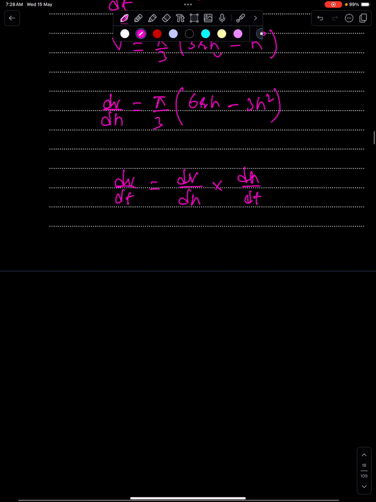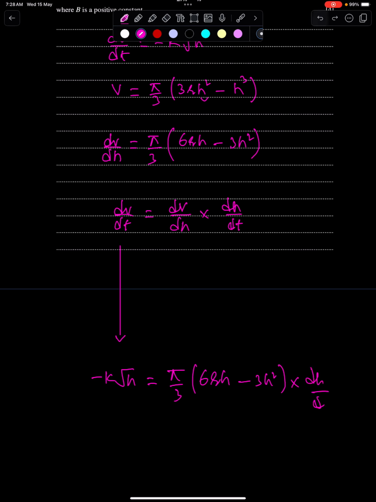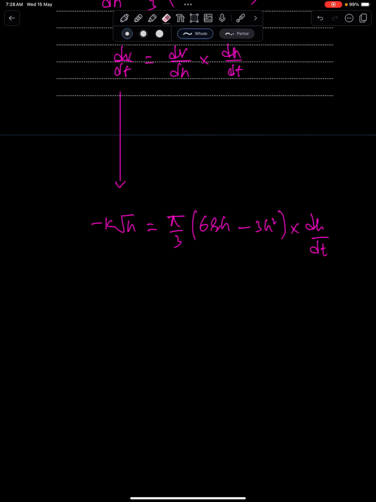Now substitute the values of all into chain rule. So dv upon dt is minus k root h, dv upon dh is pi upon 3 (6rh minus 3h square). Copy dh upon dt. Now make dh upon dt the subject.